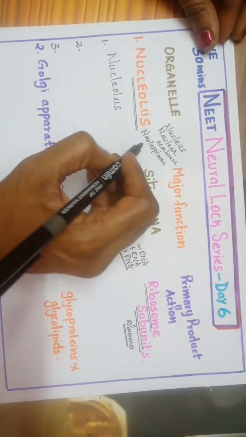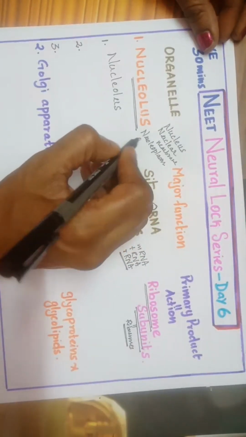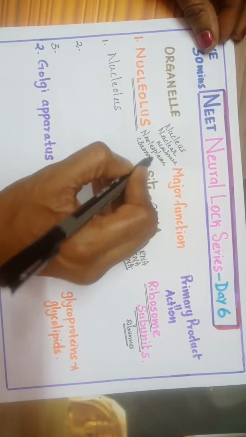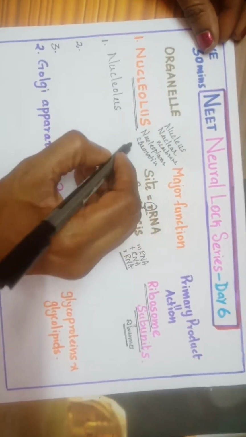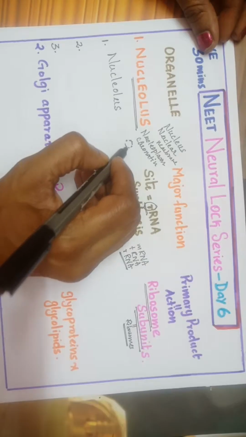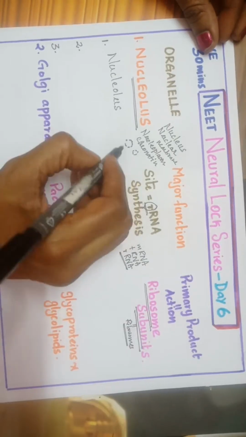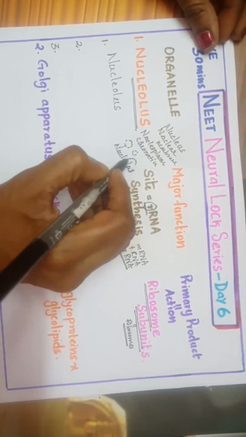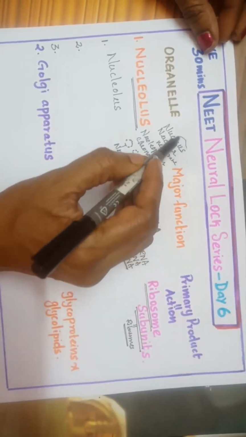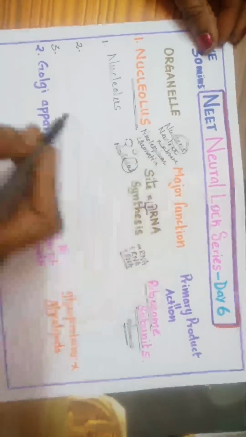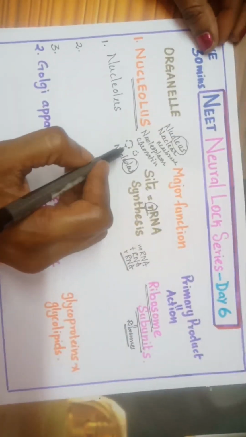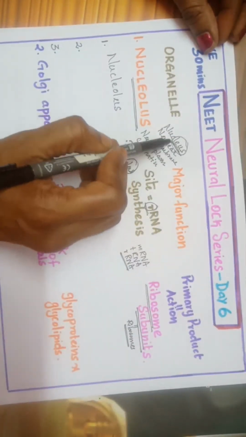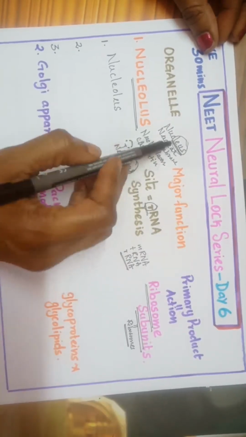Then what else? We saw chromatin fibers. Then we read about the spherical bodies, that is called nucleolus. Here the spelling changes. See, in the exam tension, you will be in a panic to see these spellings, okay? This is nucleus.